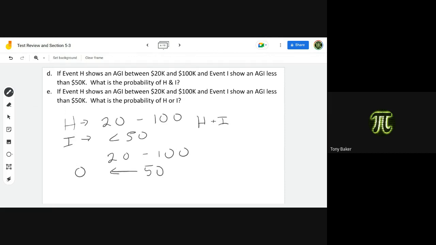So where's the overlap? The overlap starts at 20 and goes to 50. Okay? So I'm going to be looking at the 20 to the 50 for this one. So really, questions D and E are asking if you understand what and or means. Once you get that, then you can add up the values correctly.